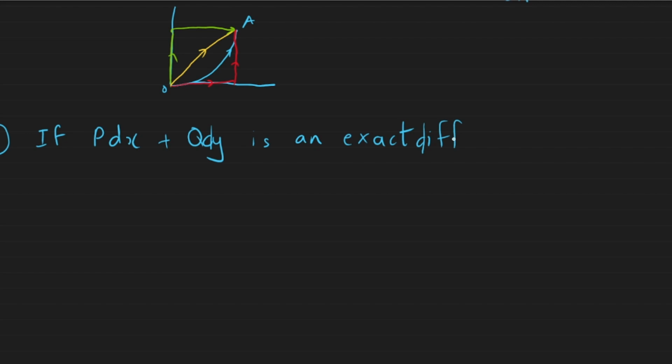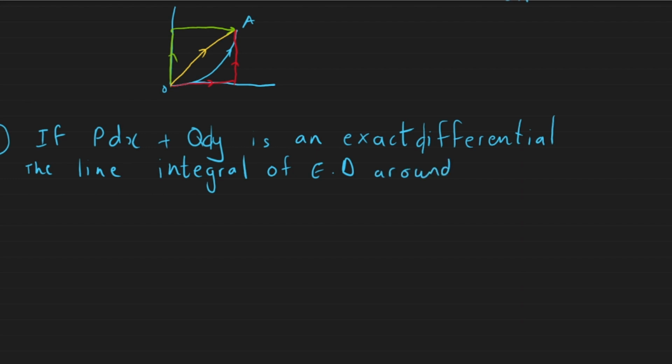And I just want to write what those 2 points are. So number one, if P dx plus Q dy is an exact differential, then the line integral of the exact differential around a closed curve is equal to 0.